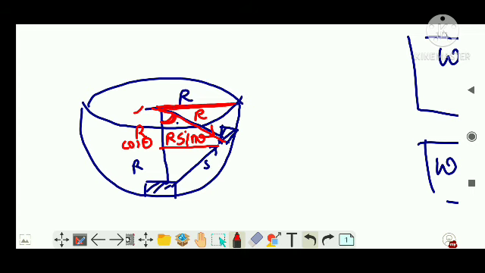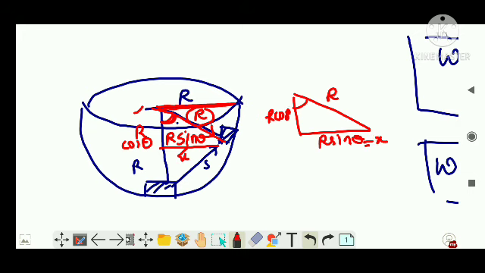R squared cos squared theta plus R squared sin squared theta, you will get R. So if you consider this triangle, this is R, this will be R cos theta, and this will be R sin theta. We just wrote this as x before, and I told you this is the component of S. I told you this length and this length are the same. So I can write x as what?